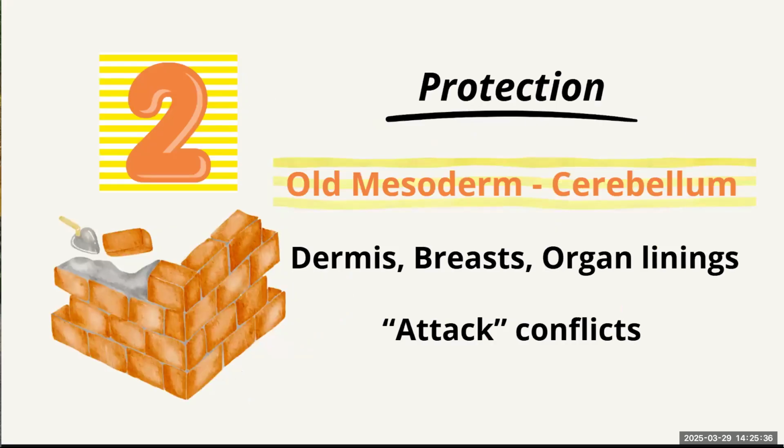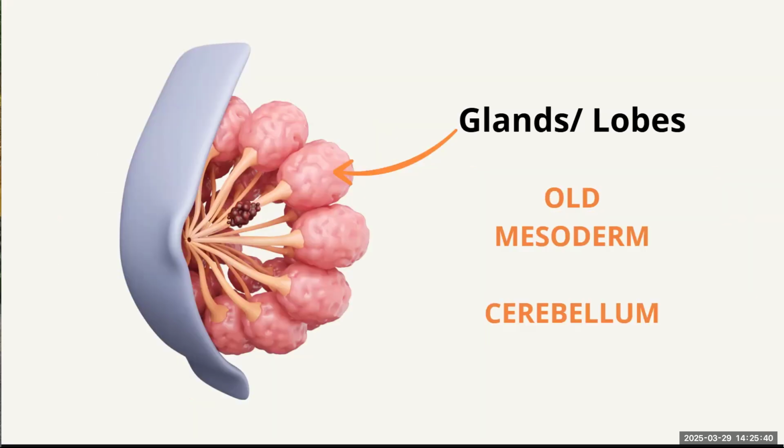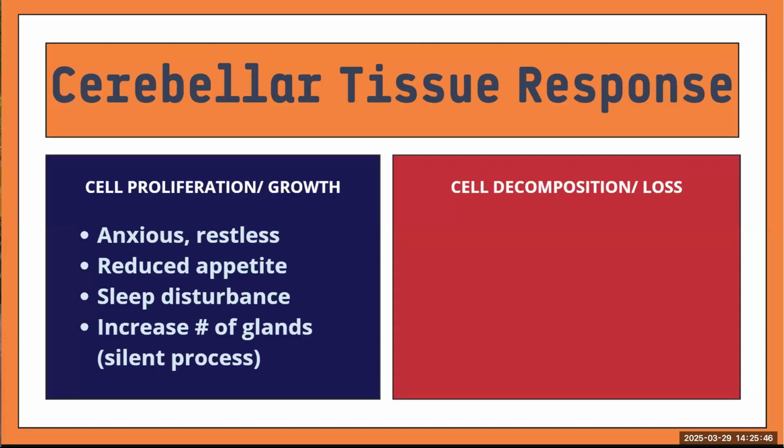All right. Now, so we're talking about breast glands. It follows this programming, old mesoderm, cerebellum. And therefore, in the conflict active phase, it's just like when your body's in alert, just like firefighters.